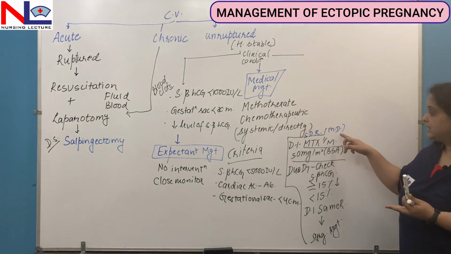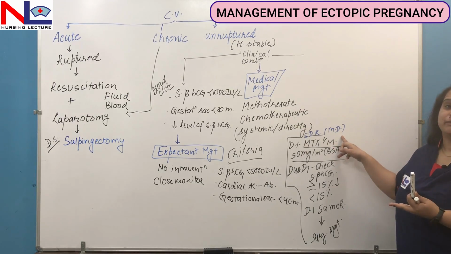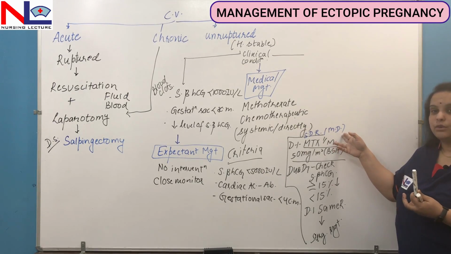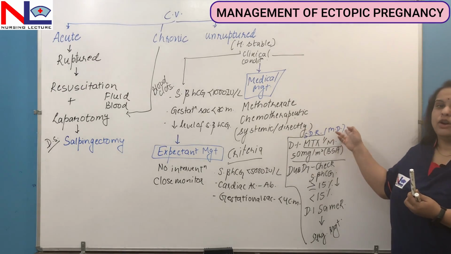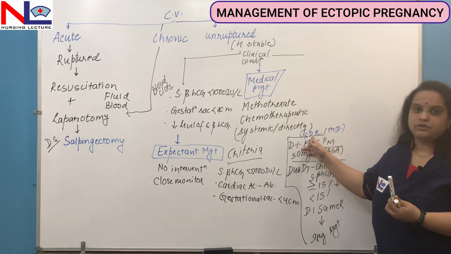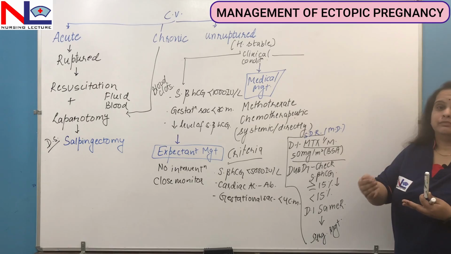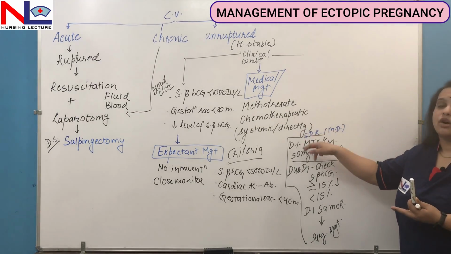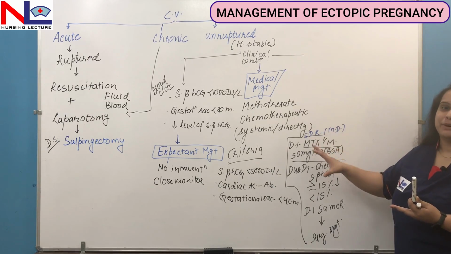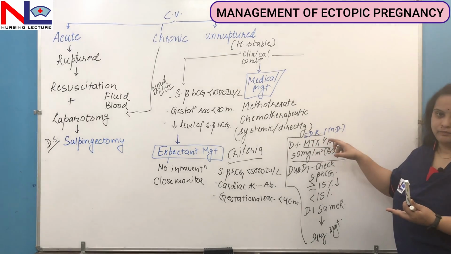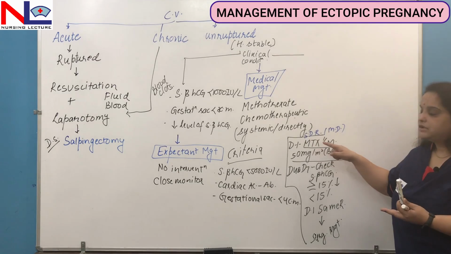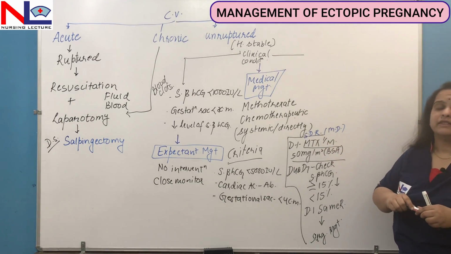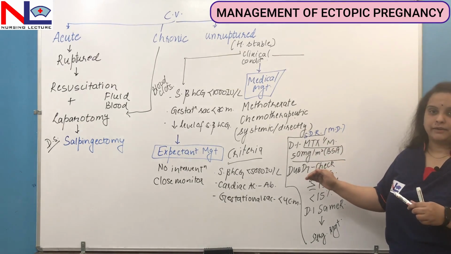On top of that, the multi-dose regime is quite costly and inconvenient, not as simple as the single dose regime. Because of these advantages, the commonly preferred method is the single dose regime, where only methotrexate is given in a single dose.